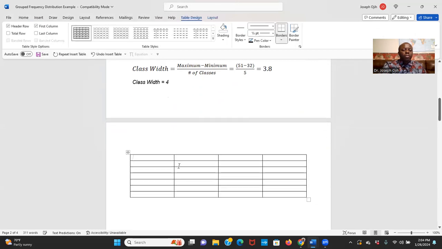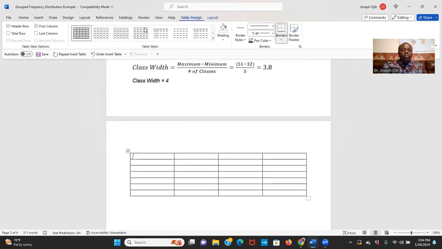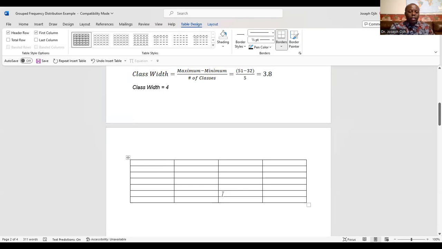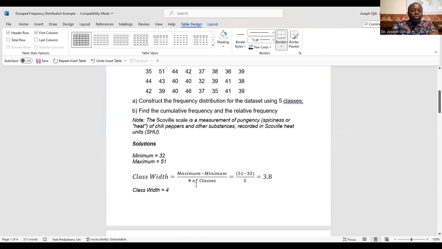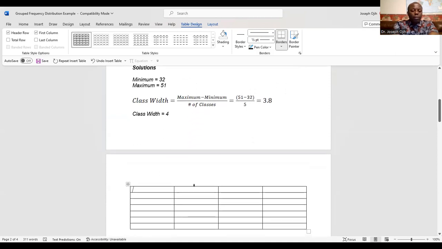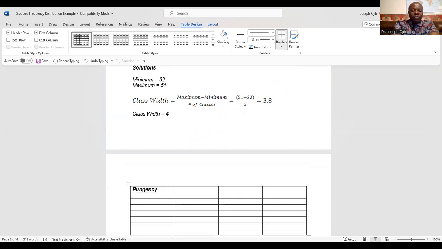Okay. So this is our table right there. So we're going to have pungencies, right? Because this data set represents pungencies. So I'm going to put pungency, which is our class interval.